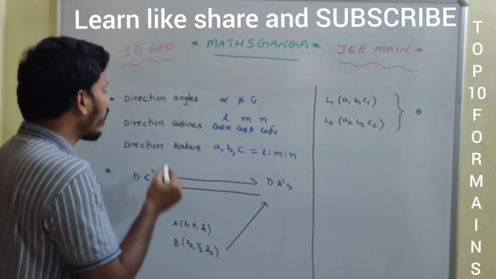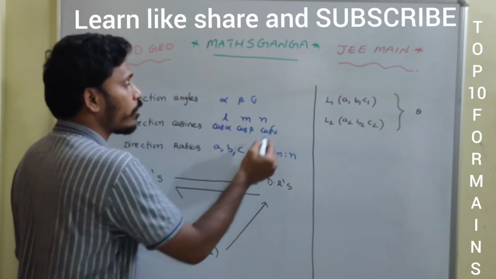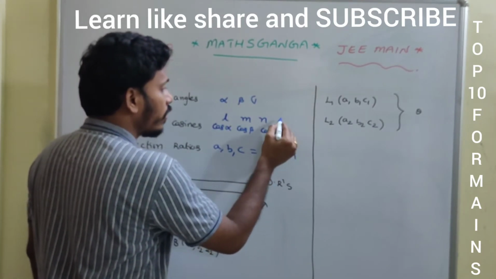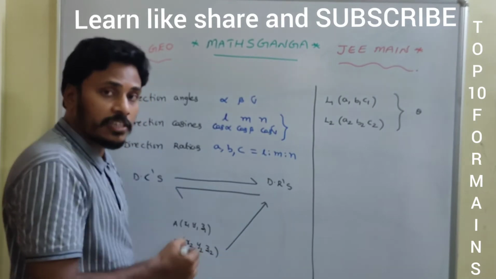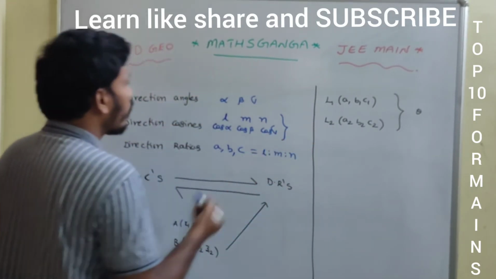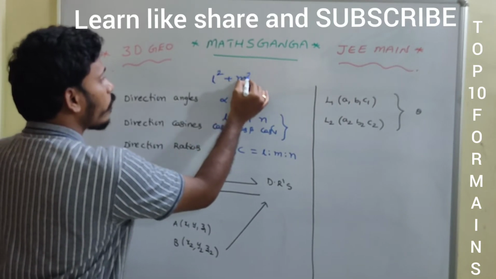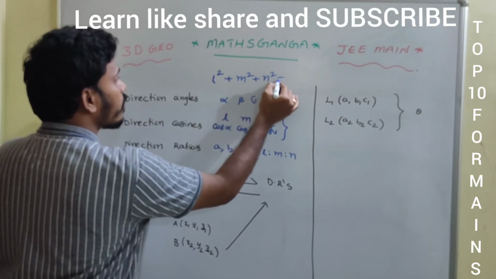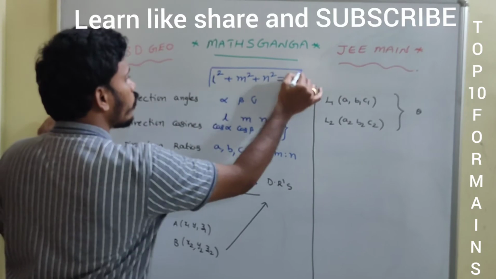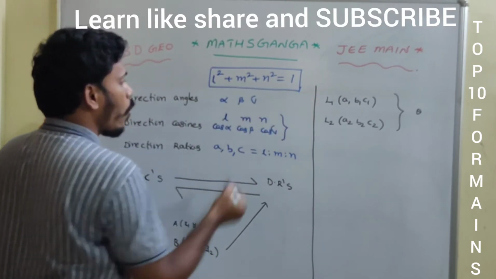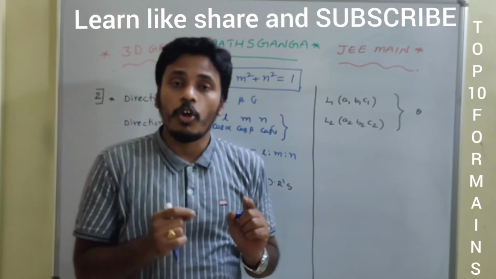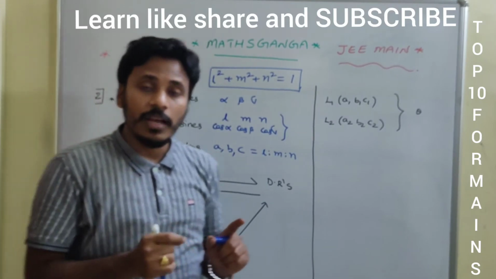Okay, and in relation to the direction cosines, we have one rule here. See, if L, M, N are the direction cosines, then for sure they will satisfy one particular rule, that L square plus M square plus N square is equal to 1. At the end, once again, the direction of a line is described by 3 angles, alpha, beta, gamma.